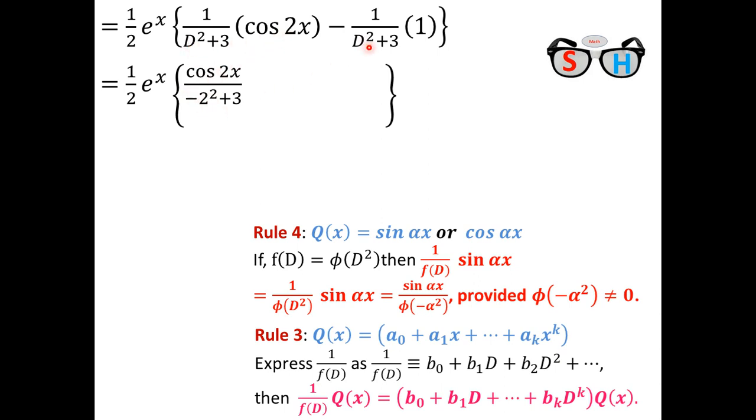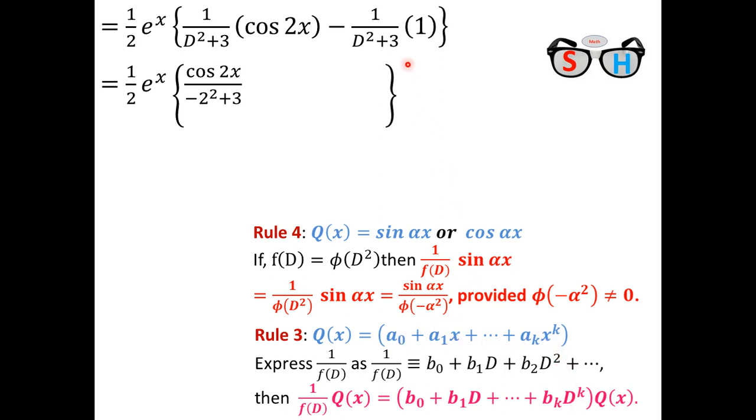Okay, what happens, this you consider as a polynomial. 1 is a constant, it is a polynomial. So this is the formula rule 3: you have to express 1 by f(d) as an infinite series, then you have to take 1 by f(d) up to k terms if the polynomial is of degree k.